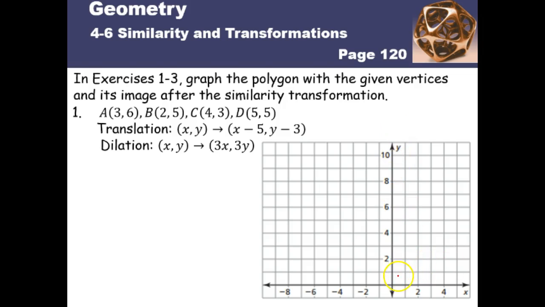So I'm going to go ahead and graph it. So A is (3, 6). And B is (2, 5).